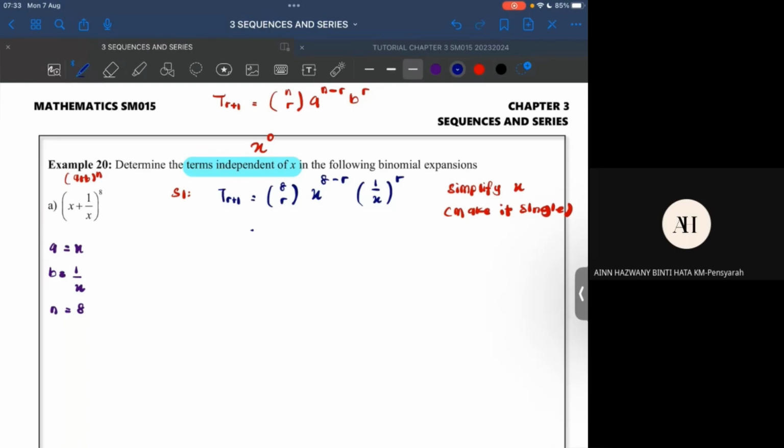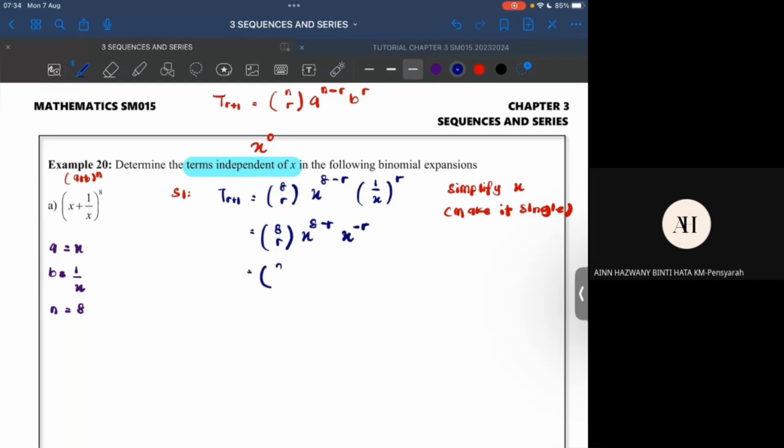So kita ada 8R, 8CR. Okay, so ini kita boleh naikkan atas dulu. So X 8 minus R, X to the power of negative R. Okay, so multiplication of two indices, power akan jadi tambah.